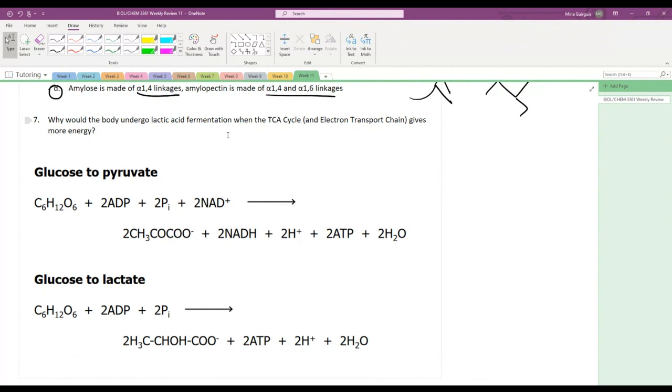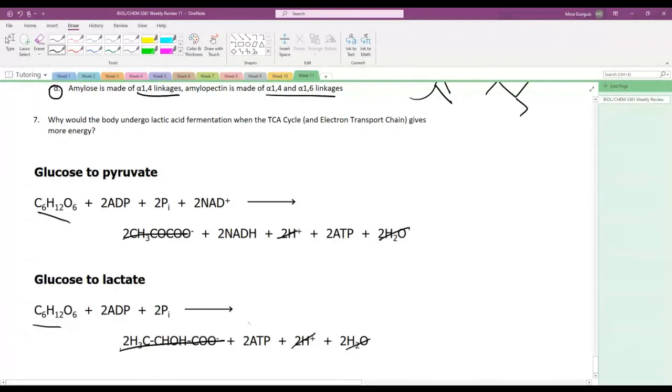Basically, these are the equations. They're not balanced, but this is a really good indication. So we start with glucose. We get our 3 carbon chains. I'm not going to worry about them. They're not super important to this. We get H plus and H2O. We really don't care too much about those.